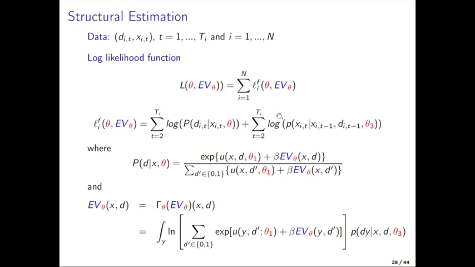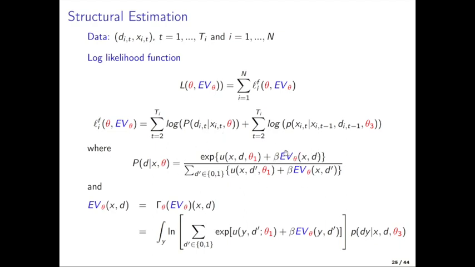The second part is the log likelihood contribution associated with the mileage process, which is a much simpler part. I'm going to focus on this one here. As I outlined in the last lecture, these choice probabilities are multinomial logistic. It's just evaluating the logit formula.